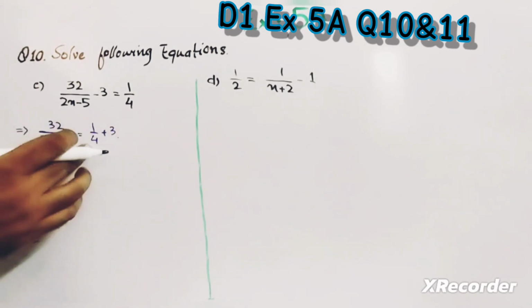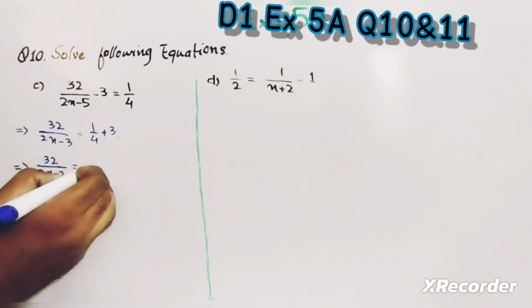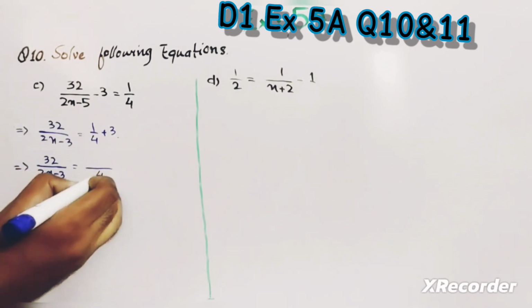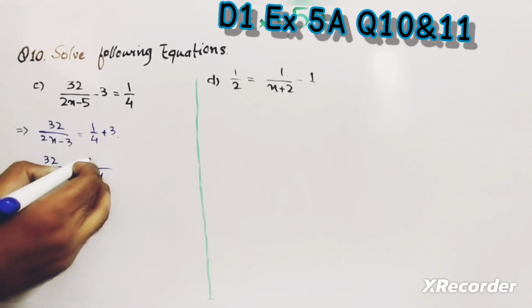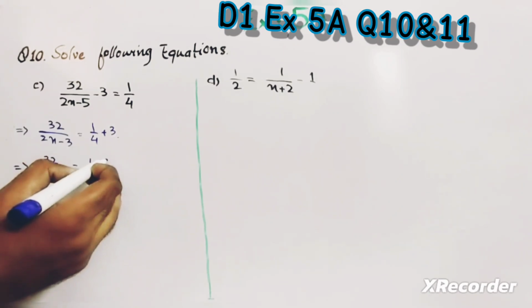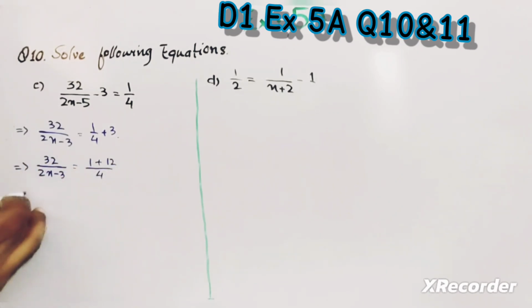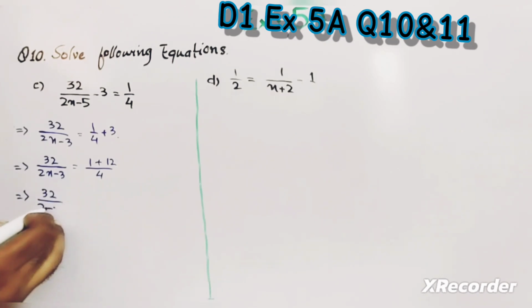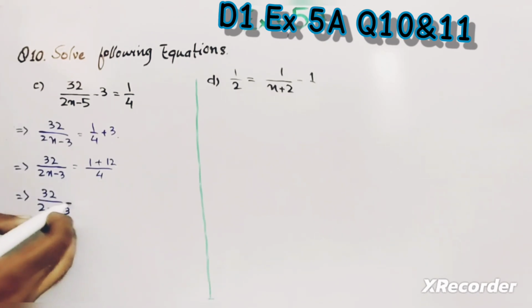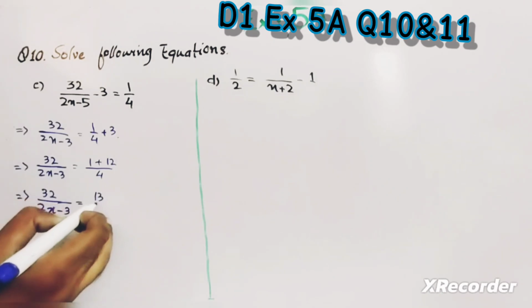By taking the LCM of 4 and 1, we get 4. So 32 upon 2x minus 3 will become 13 upon 4.